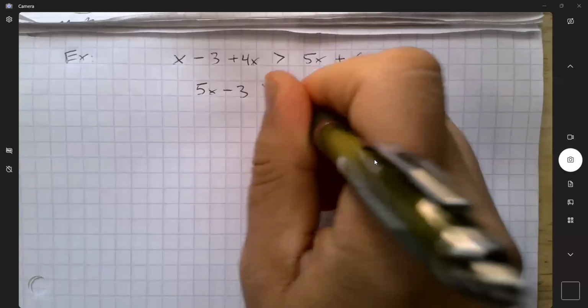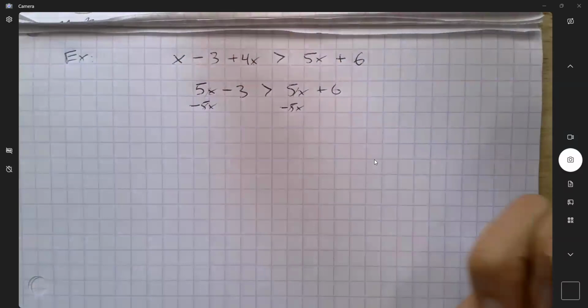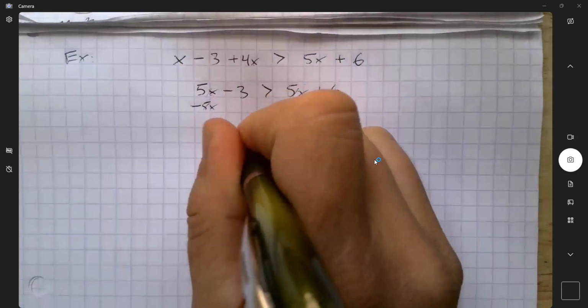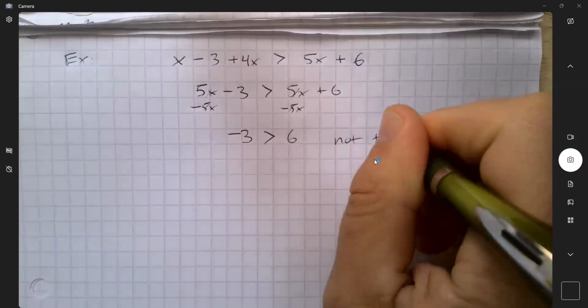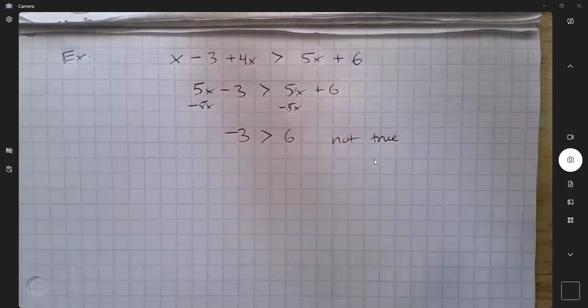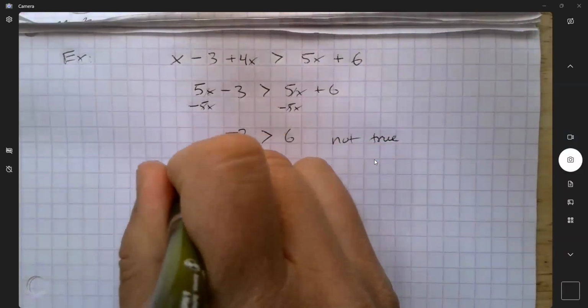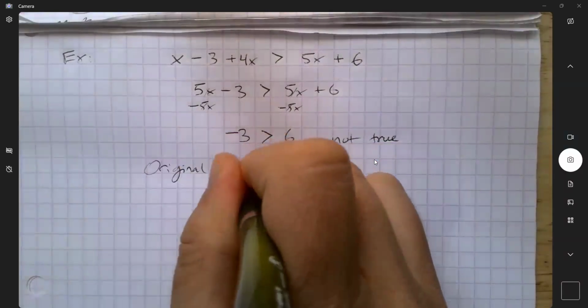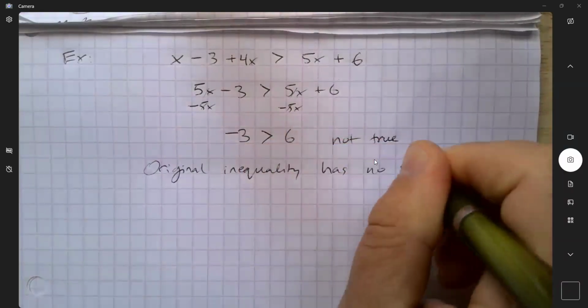Let's subtract 5x from both sides. Those cancel. And we're left with minus 3 is greater than 6. No, that's not true. That's a false statement. So my original inequality has no solutions.